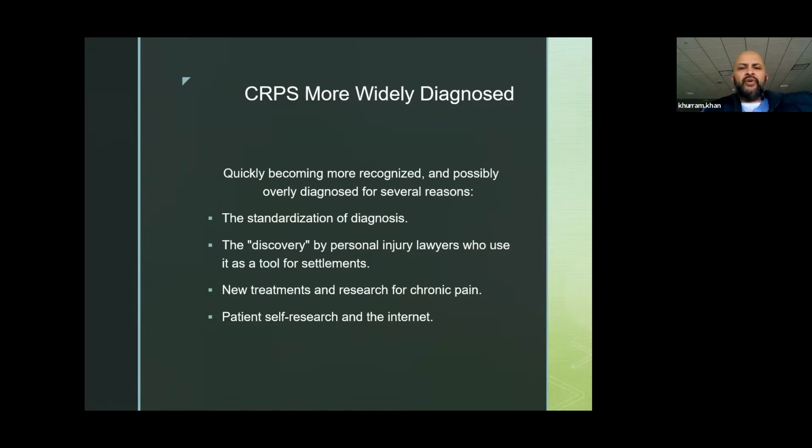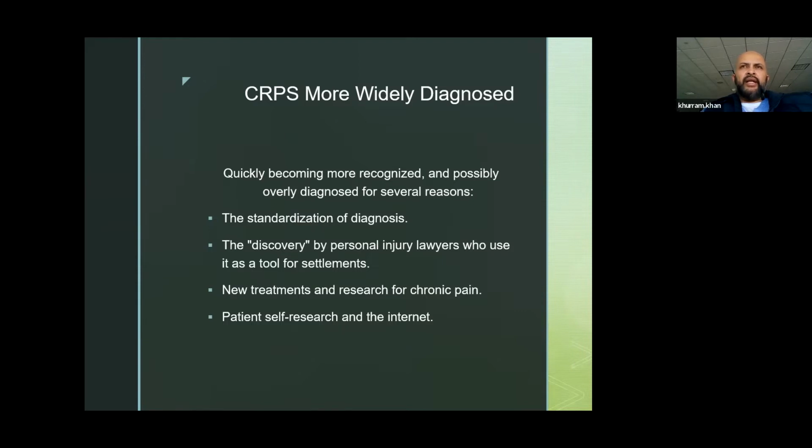Another reason for more frequent diagnosis, in addition to standardization of the diagnostic criteria, is the discovery by the personal injury lawyers who make each and everything look like complex regional pain syndrome. So if it sounds like a duck, quacks like a duck, walks like a duck, then it must be the CRPS duck.